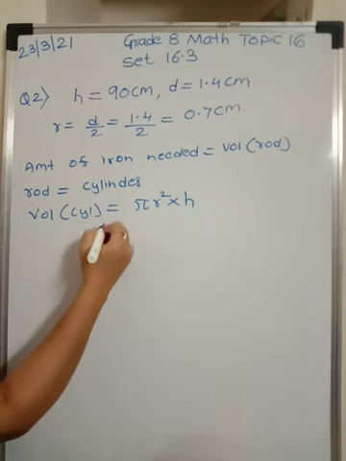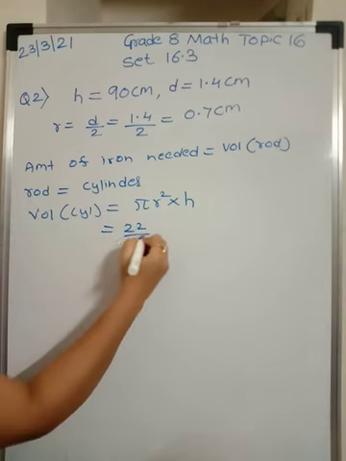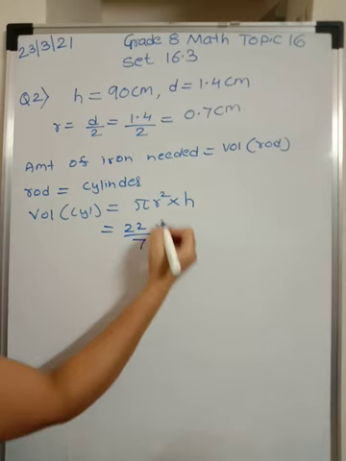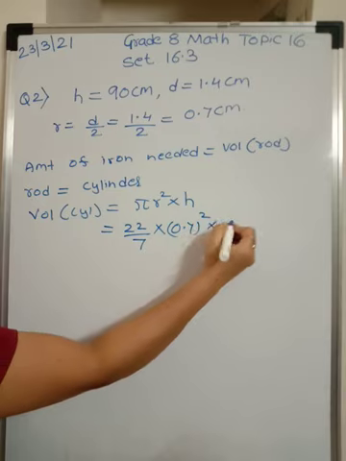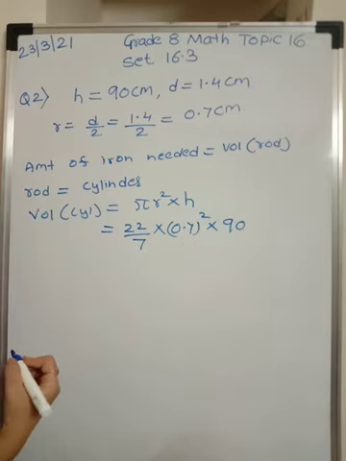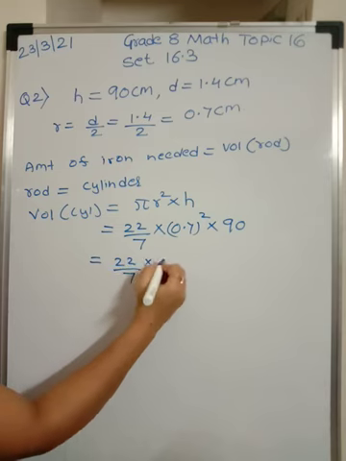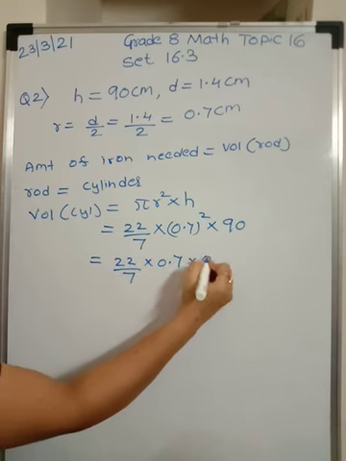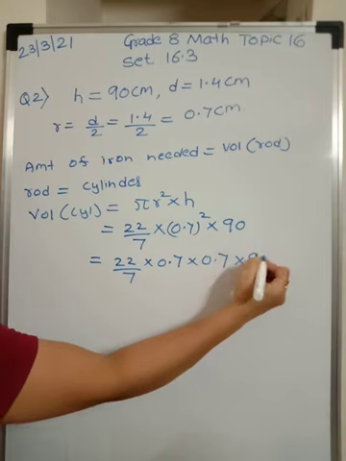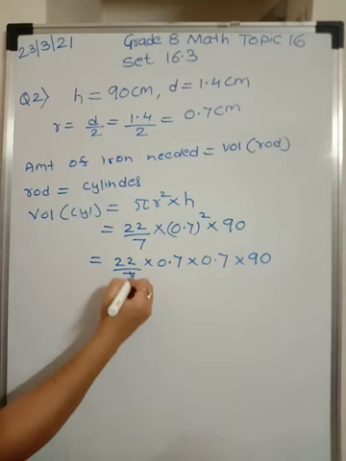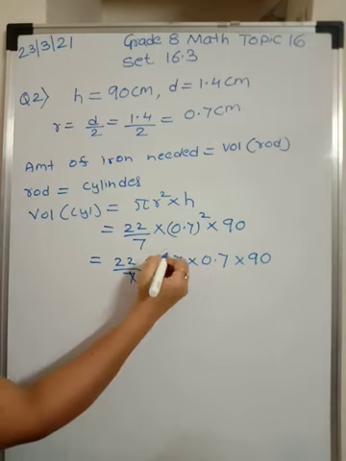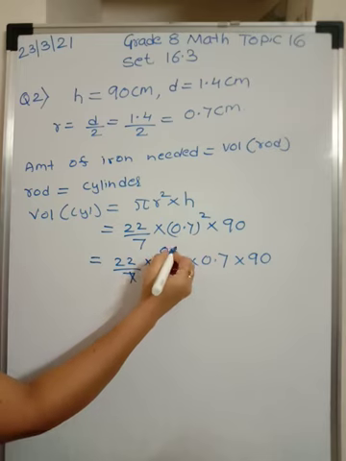is a circle. So let us substitute 22 upon 7 into radius, how much? 0.7 square into 90. Okay, so what do we get? 22 by 7 into 0.7 into 0.7 into 90. 7 ones are 7, so 0.1.